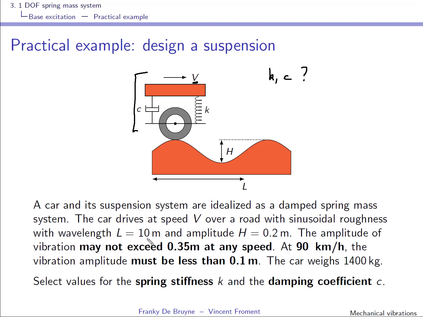The sine wave has a wavelength of 10 meters and an amplitude of 20 centimeters. The specifications tell you that the amplitude of vibration should not exceed 35 centimeters at any speed. At a given speed of 90 kilometers per hour, the amplitude must be less than 10 centimeters, and we are told that the car weighs 1400 kilos.